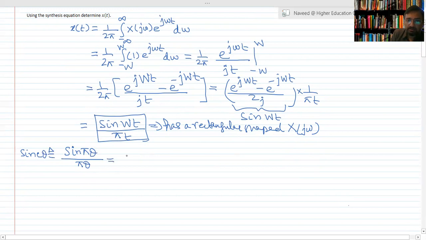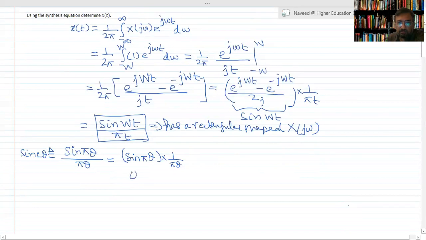So in a way, we are scaling sine pi theta by 1 over pi theta. Okay, and now let us try to understand how this function looks.